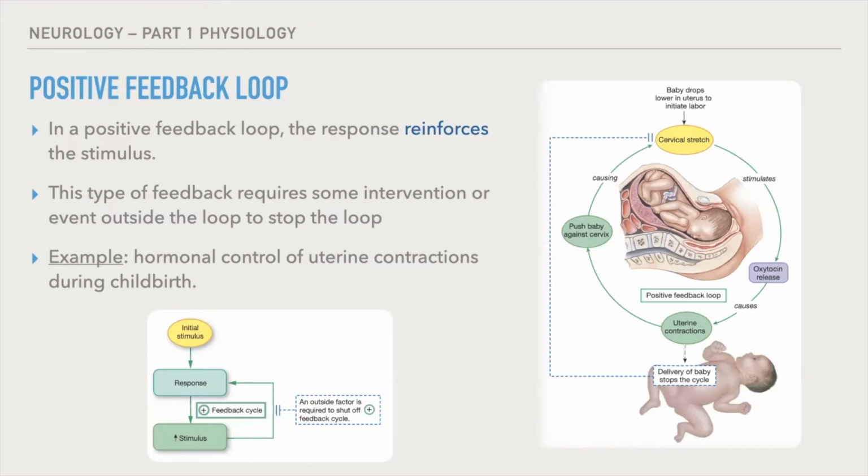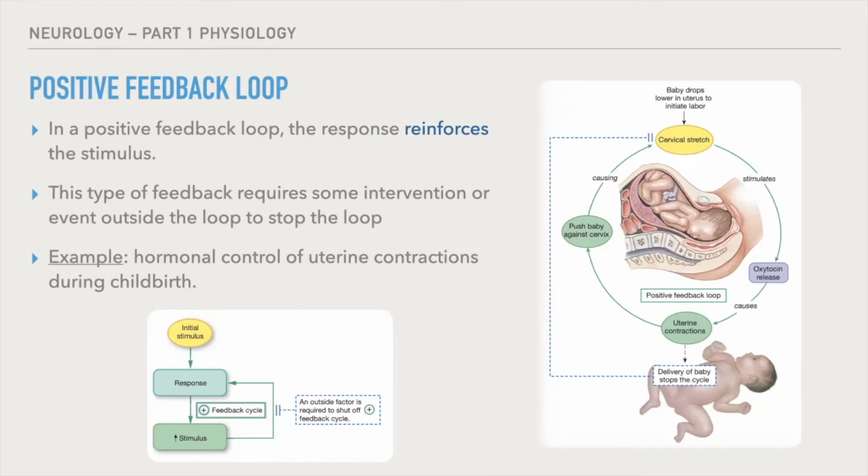One example of a positive feedback loop involves the hormonal control of the uterine contractions during childbirth. When the baby is ready to be delivered, it begins to put pressure on the cervix. The sensory signals from the cervix to the brain cause release of the hormone oxytocin, which causes the uterus to contract and push the baby even more against the cervix.